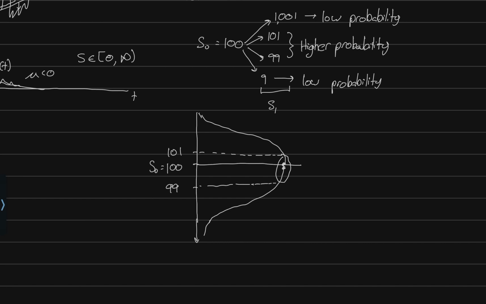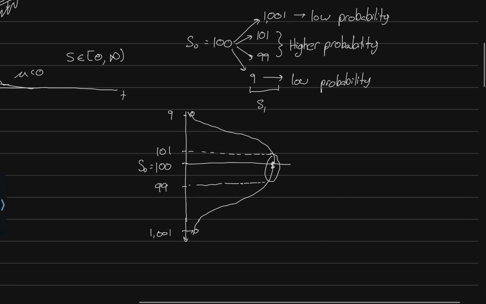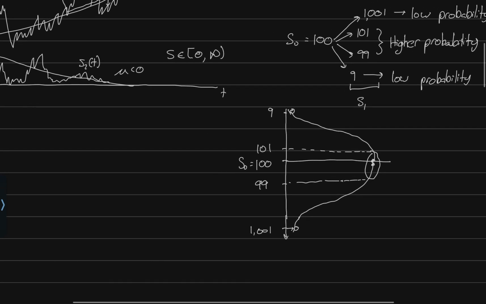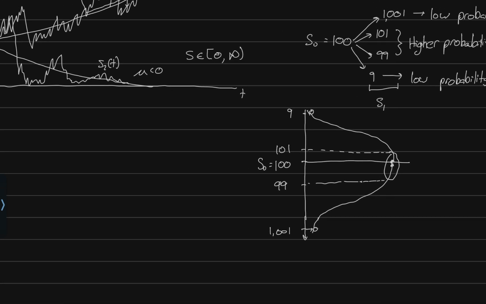And as I deviate further and as I go down to, let's say, $9, and using the same example, $1,001, there's a very low probability of these events actually happening, almost close to zero. And this is essentially a normal distribution.